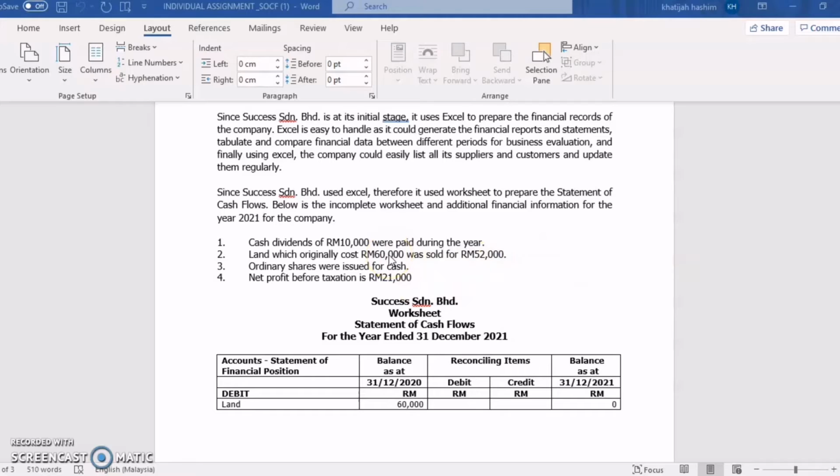The calculation is 60,000 minus 52,000, so we get 8,000 for loss on disposal of land. Second, the 50,000 we should put in investing activity as a sale of land. Next, ordinary shares were issued for cash, meaning that there is a new issuance of ordinary shares. For number 4, we are given the net profit before taxation, amounting to 21,000.